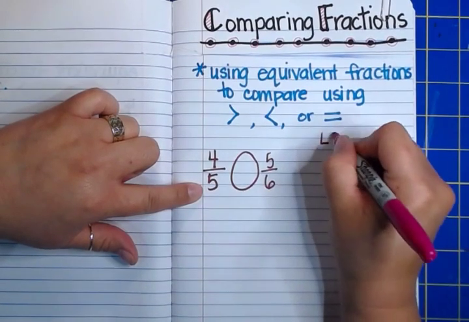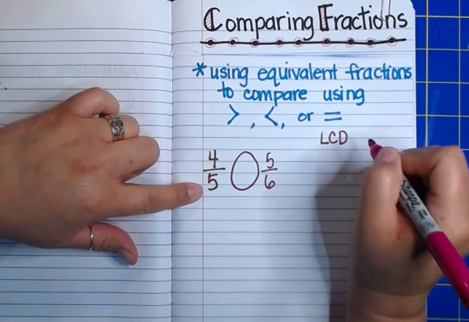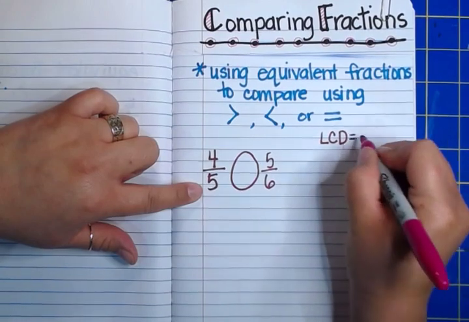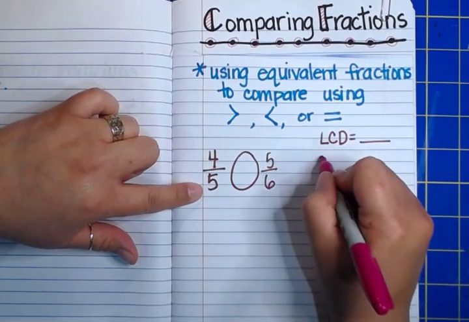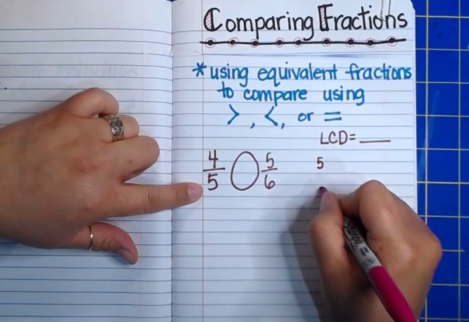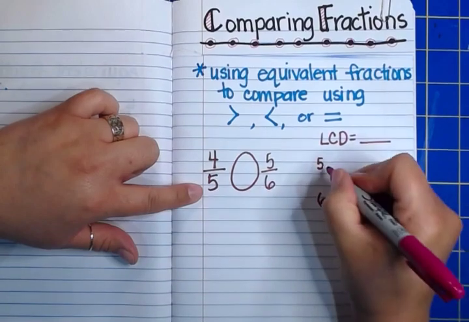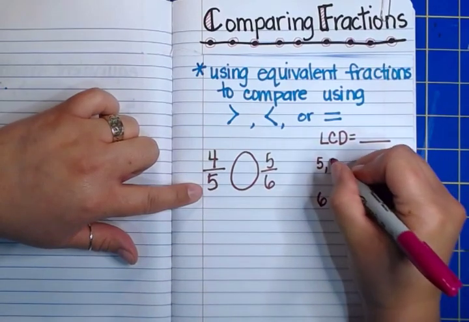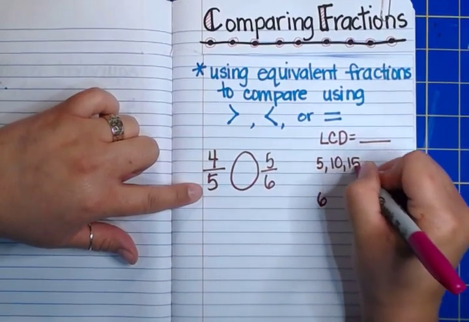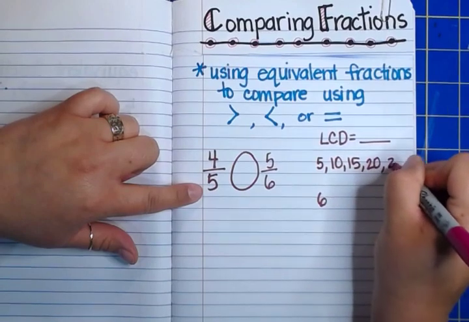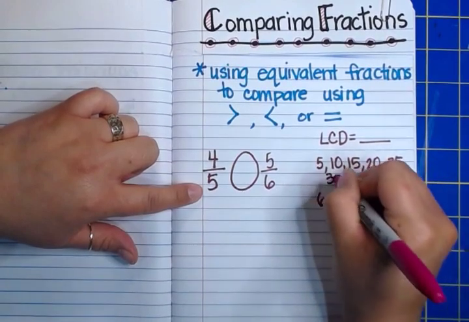So I need to find the lowest common denominator, and I do that by writing the multiples of 5 and writing the multiples of 6, which are my two denominators. So I'm going to start by saying 5, 10, 15, 20, 25, and 30.